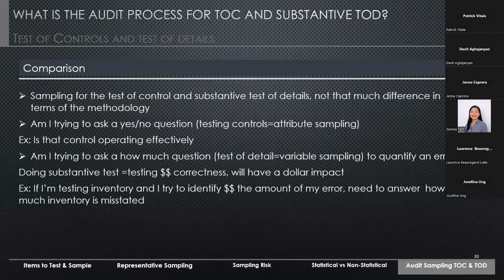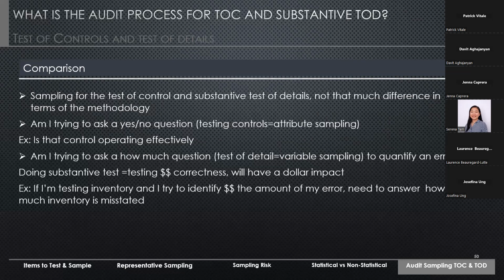Okay, so on my quiz, it was saying, out of these answers, which one is an attribute sampling answer. So when you're looking at attribute sampling, we're testing the controls, and the answer is qualitative, right? So it's yes or no, but it's not a number. Let's say I'm asking the question: is that control operating effectively?